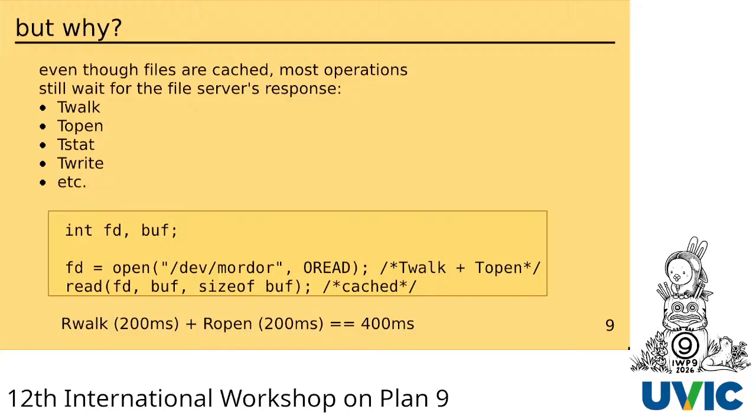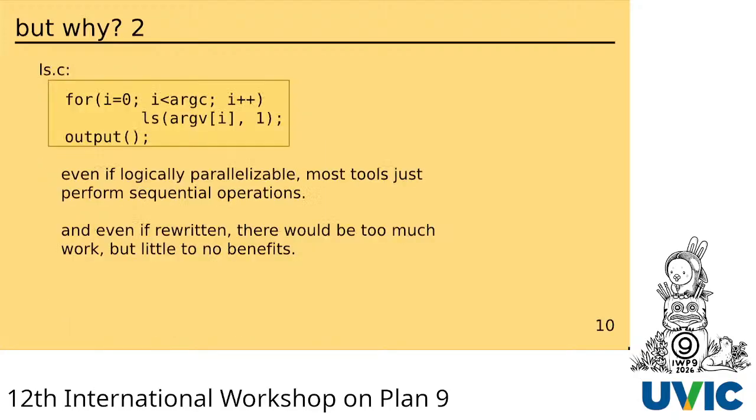It also doesn't help that most of our tools perform file system operations linearly, even if they need to work with multiple different files at the same time. But this is understandable. When we write C programs, we don't really expect open and read to take 200 milliseconds to complete.